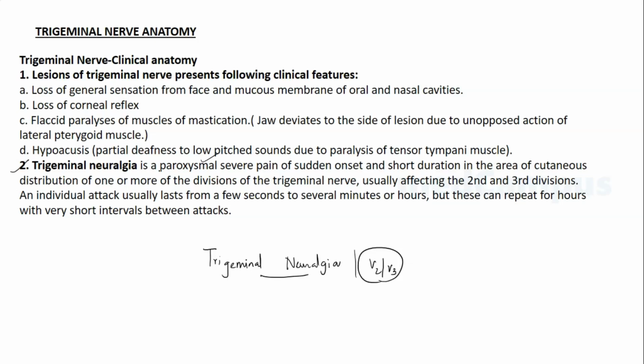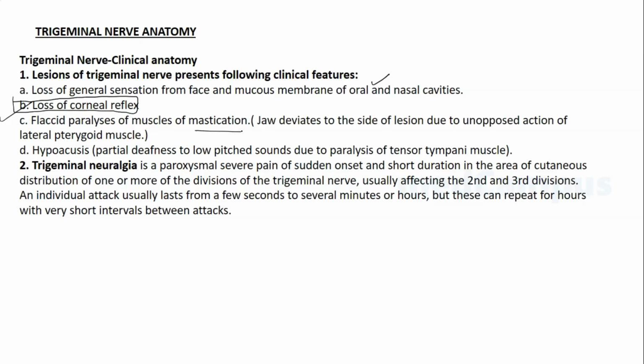What happens with lesions of the trigeminal nerve? Yes, it carries facial sensations, right? So there will be loss of general sensation, and also a very important key point is the loss of corneal reflex. And motor loss leads to flaccid paralysis of the muscles of mastication, and it also supplies the tensor tympani which dampens sound, so you will have hypoacusis, partial deafness to low pitched sounds.